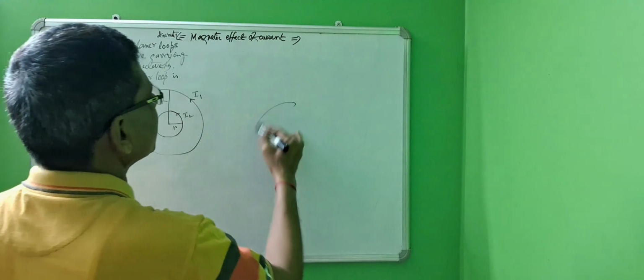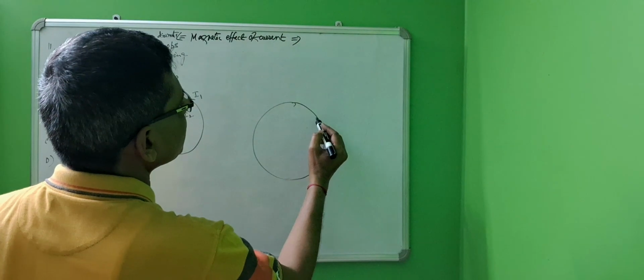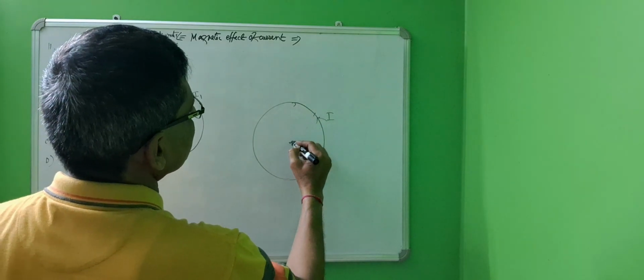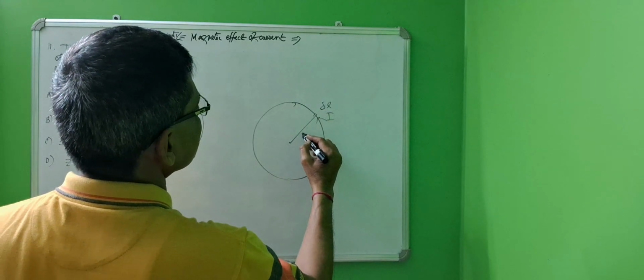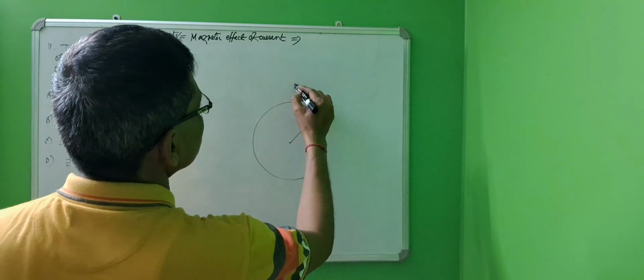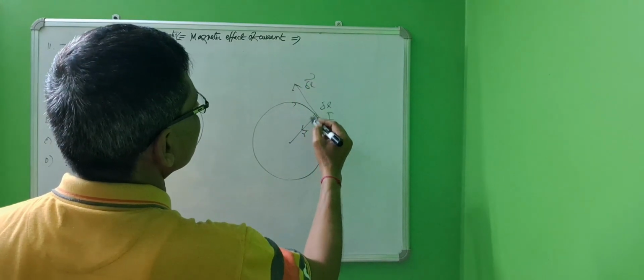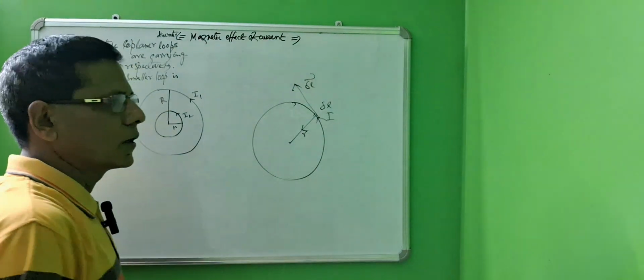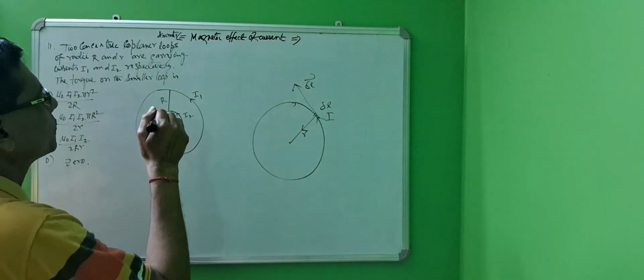We know if a current carrying coil has a current I, suppose this is a delta L length, this is the R vector, this is the delta L vector, so delta L cross R is into the plane of the board.